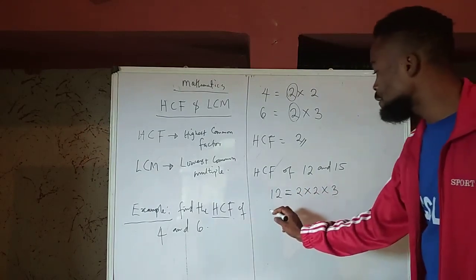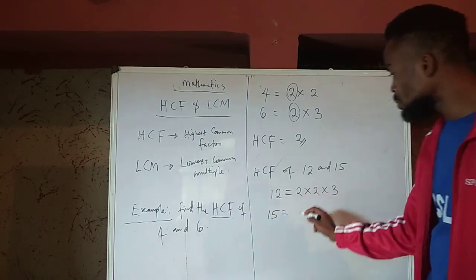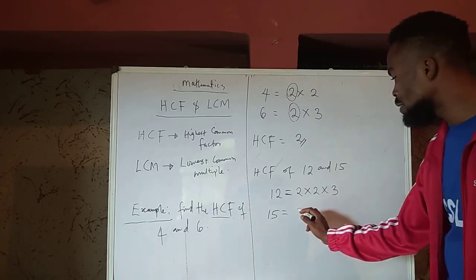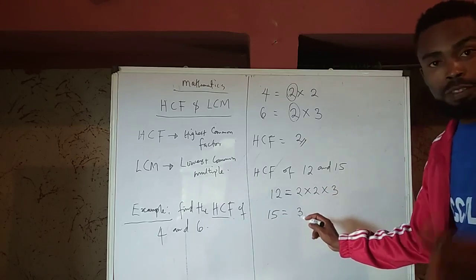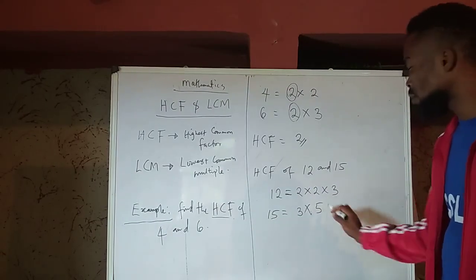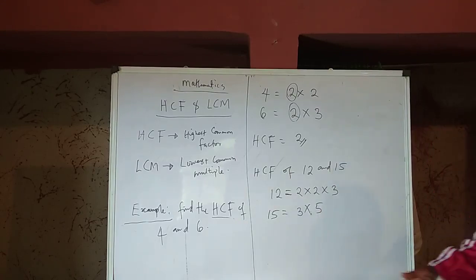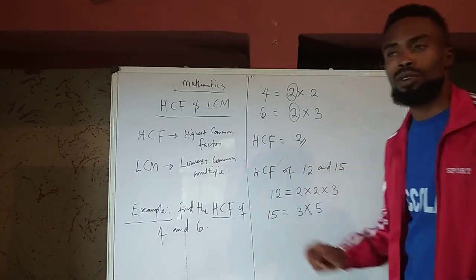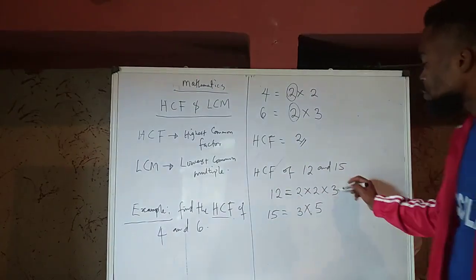Okay, now 15 then. What are the factors of 15? In terms of prime factors, we have 3 times 5. So now let's look at these two numbers. What is common? Remember, we are to look for the highest common factor. So what is the common factor between them?